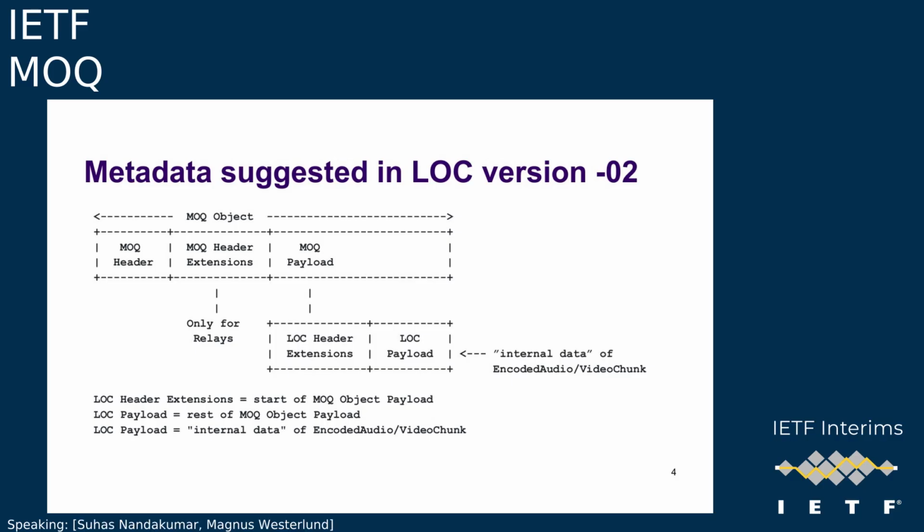My question is, are there cases where you would like to, in some cases, have it in the LOC header extension, and sometimes in the MOQ header extension? Yes, I think there will be cases like that. I agree with the previous comment that there's a clear potential need for this as well as the MOQ header extension.